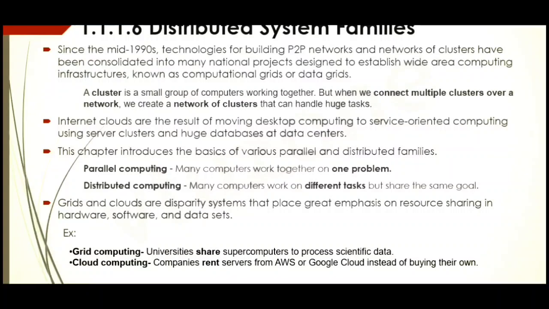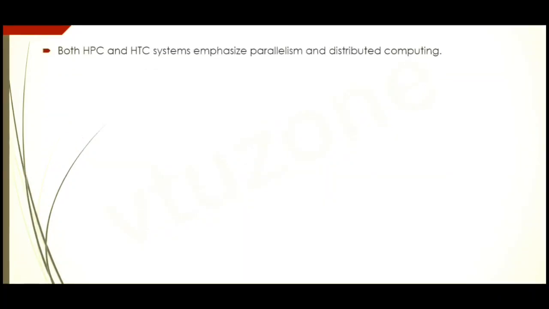And for cloud computing, companies rent servers from AWS or Google Cloud instead of buying their own. Next, both high performance computing and high throughput computing use multiple computers working together, and they both rely on parallelism and distributed computing.